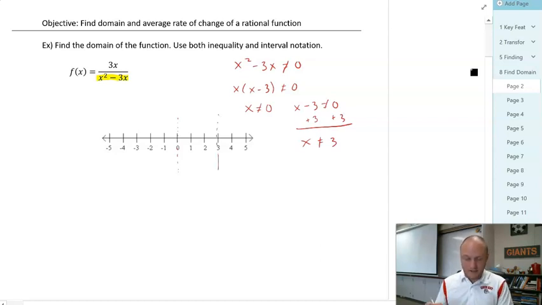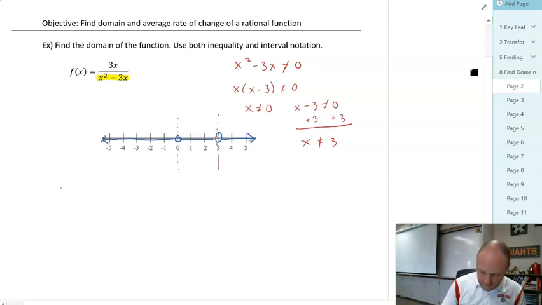My domain is going to be everything except those values. So it's going to be from negative infinity to 0, 0 to 3, and 3 to infinity.